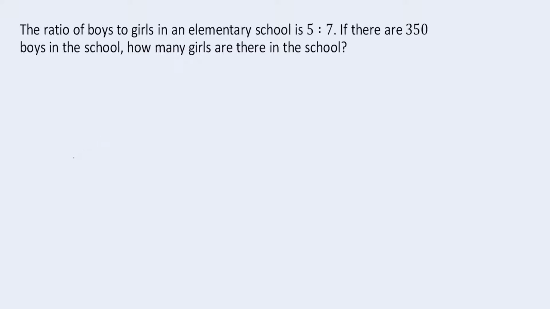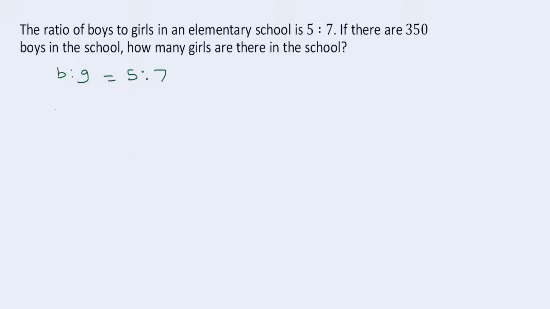The ratio of boys to girls in an elementary school is 5 to 7. So boys to girls is 5 to 7. If there are 350 boys in the school, how many girls are there in the school? So let's look at this.